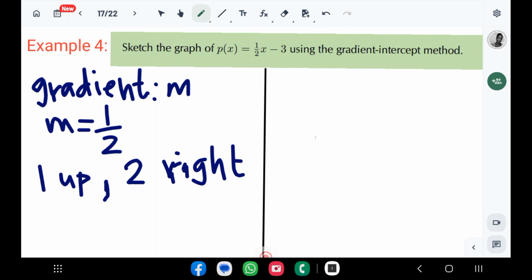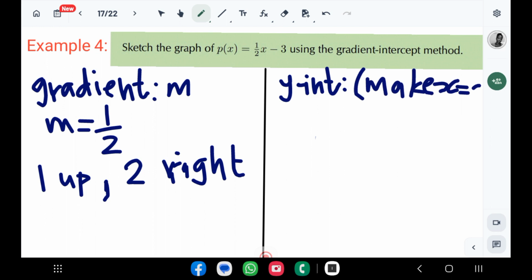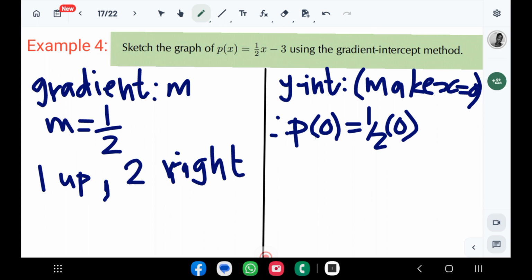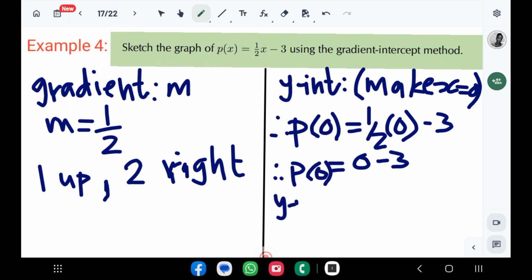All right, now let's look at the y-intercept. The other thing we need is the y-intercept. To find the y-intercept, as you should know by now, make x 0. Therefore, p of 0 equals half times 0 minus 3, which equals 0 minus 3, meaning that the y-intercept is the point (0, -3).